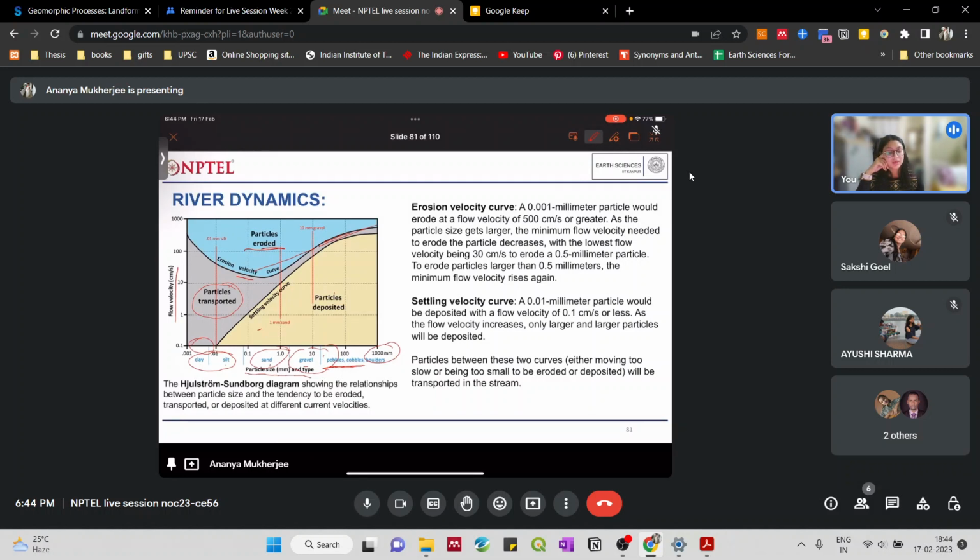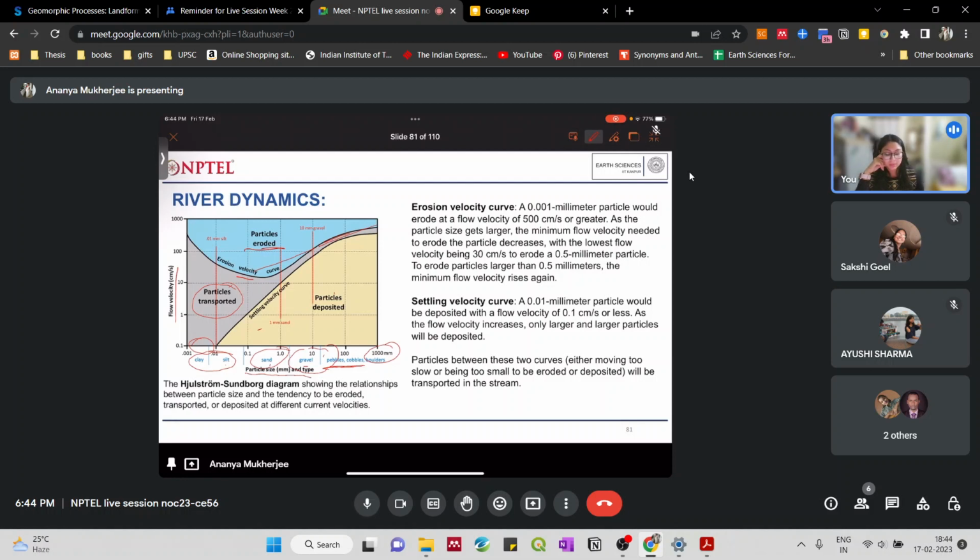So this will give you an idea about how the larger the particle size, the faster it will get deposited. And the smaller or moderate sized particles will get eroded even at moderate velocities.